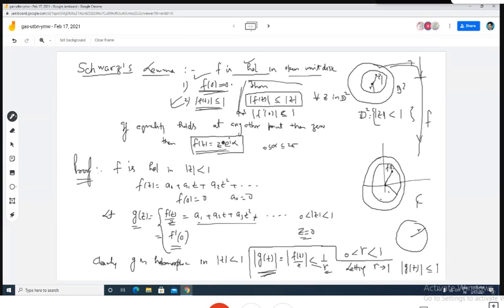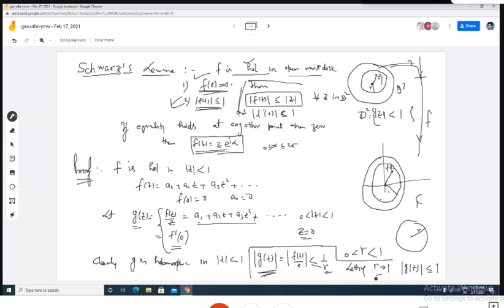And the second conclusion is that if at any point other than 0 the equality holds, then it is just a rotation. So you see here, modulus of g(z), which was modulus of f(z) upon z, with modulus of f(z) less than or equal to 1 and modulus of z equal to r, is less than or equal to 1/r along the circle. But the maximum modulus theorem says that its maximum always lies on the boundary, so in the whole disk, g(z) is less than or equal to 1/r.